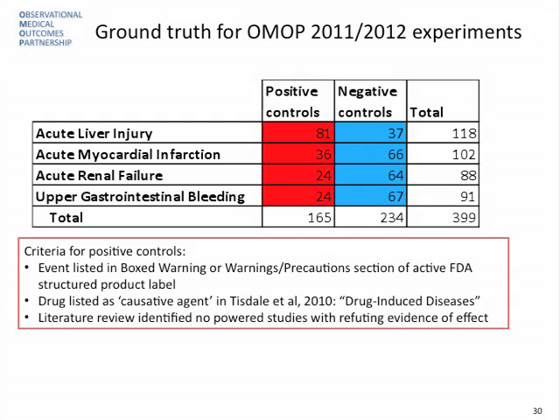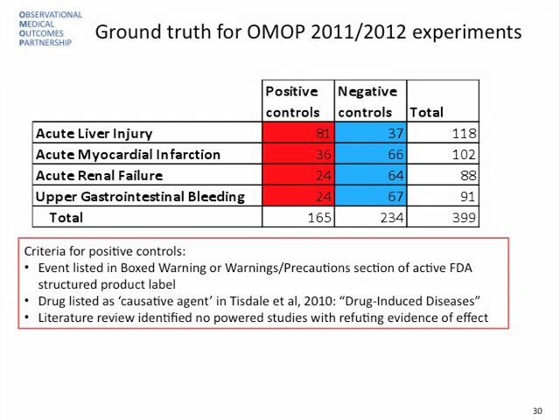And then, thanks to the hard work of lots of dedicated students, thanks, Brom, and others, a detailed literature review was done, and you could not have any study found that refuted the evidence of effect. In other words, there could be no published study which said this drug does not cause that outcome that was adequately powered to assert that.